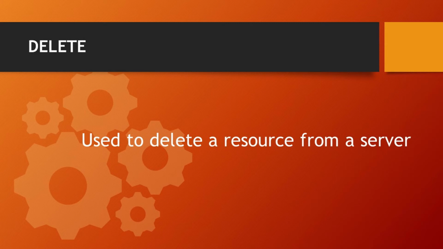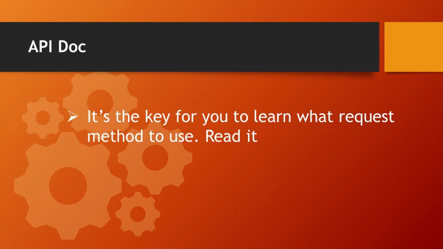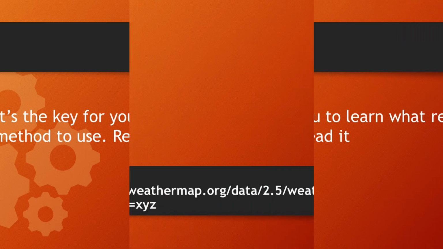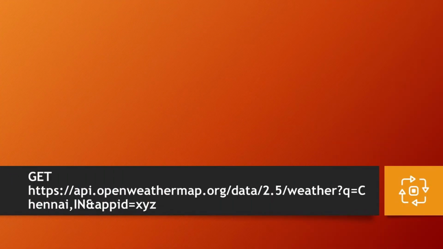The API documentation lets you know what request method to use for each request. For example, earlier in the last tutorial, to get weather information, I was using the get method and I demoed this particular OpenWeatherMap API endpoint. I'm sure you have seen that.